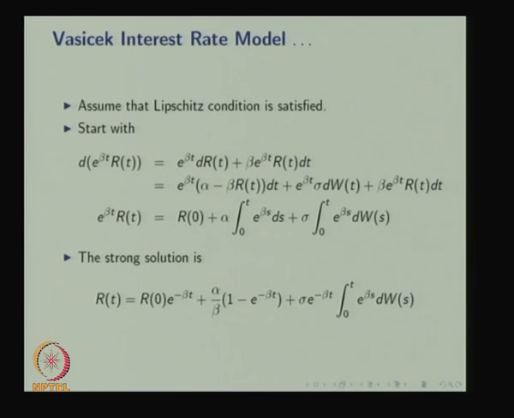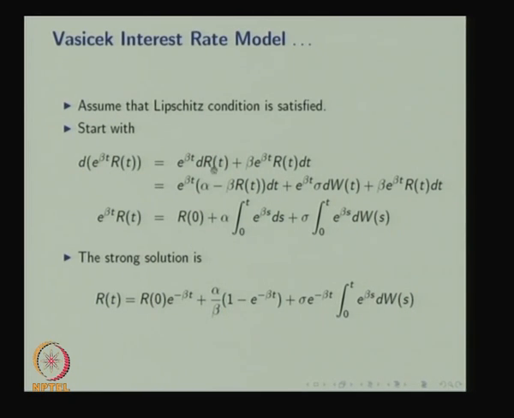Assume that the Lipschitz condition is satisfied. Here we are not going to use Ito's formula, but we are going to use the increment concept. The increment of e power beta t times R of t will have two terms.